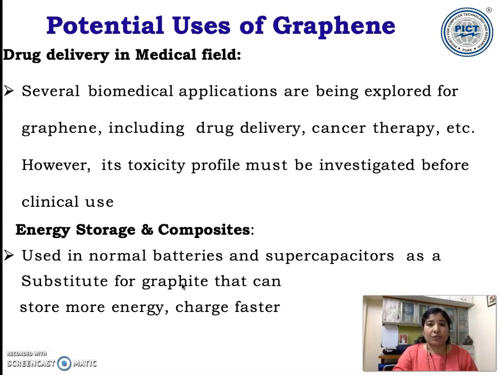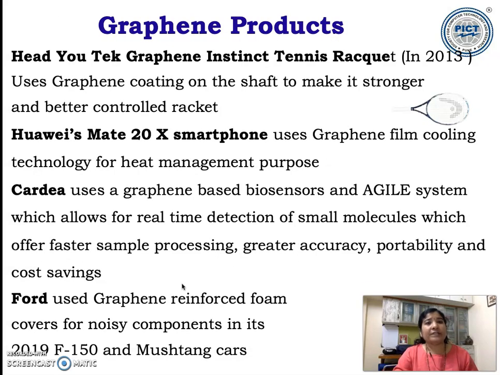Okay, so let's see which products are there right now in the market. If we see this racket, it's a tennis racket available on Amazon, called the Head Graphene Touch Instinct tennis racket, which came out as a product in 2013, and they have used a graphene coating on the shaft to make it a stronger and better controlled racket.